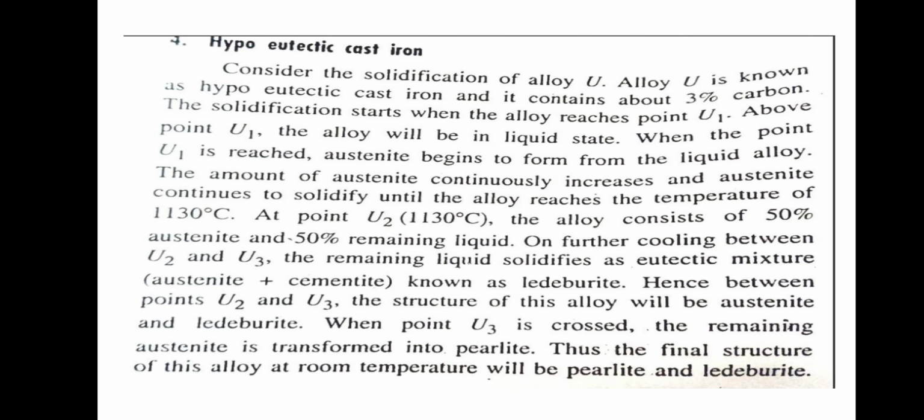The fourth alloy is hypoeutectic cast iron. It is given by the letter, alloy U. It contains about 3% carbon. In the iron carbide equilibrium diagram, in between U and U1, that iron carbon system is in liquid state. In between U1 and U2, liquid plus austenite is present.